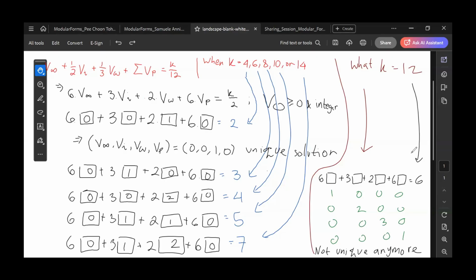What about if k is more than 14? So maybe what if k is 16? You can try to research this yourself, but it is also quite easy to see that for k more than 14, it's never unique anymore.